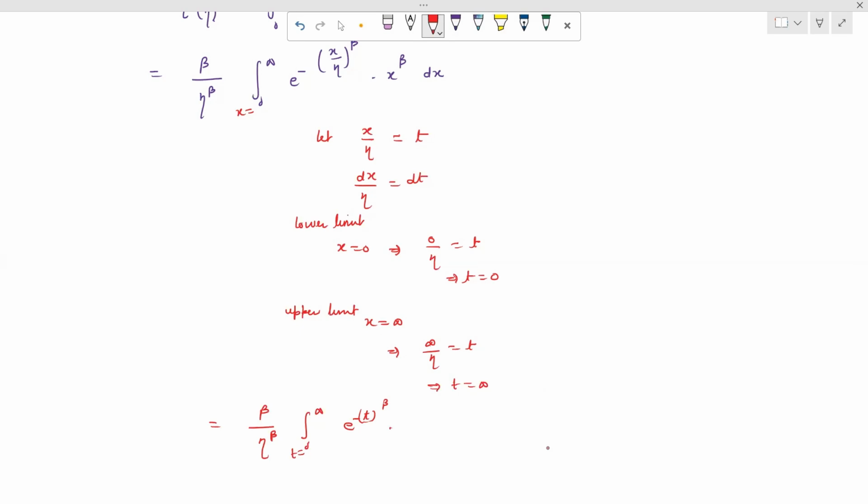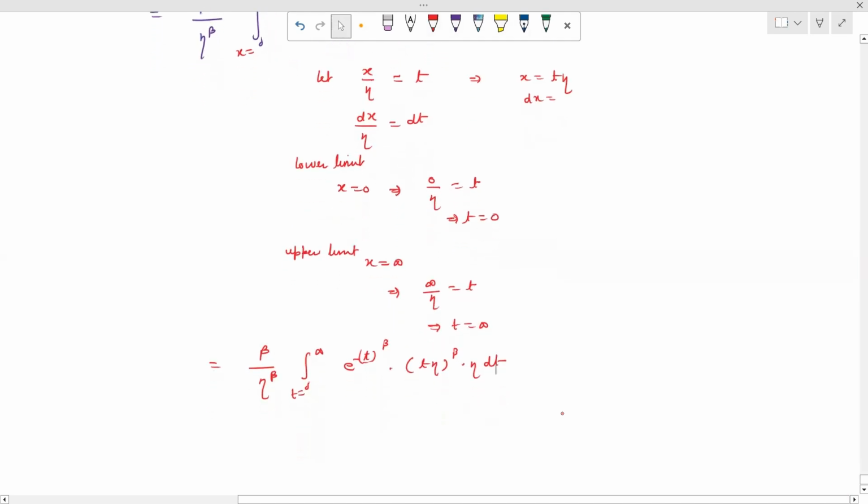So what is the x here? When we calculate x, x is equal to t eta. So this can be written as t into eta raised to the power beta into dx. Dx can be written as eta dt.